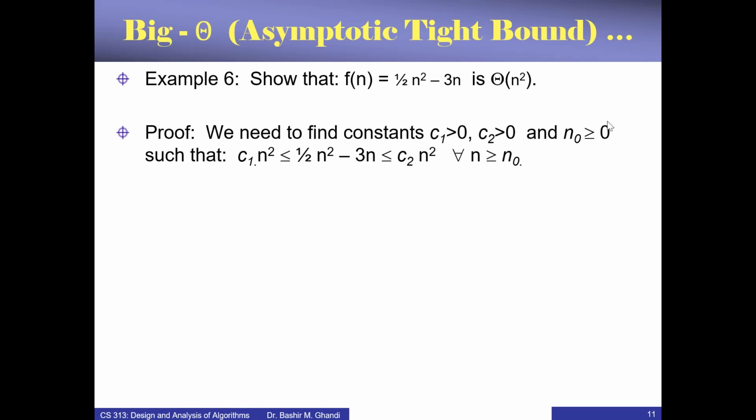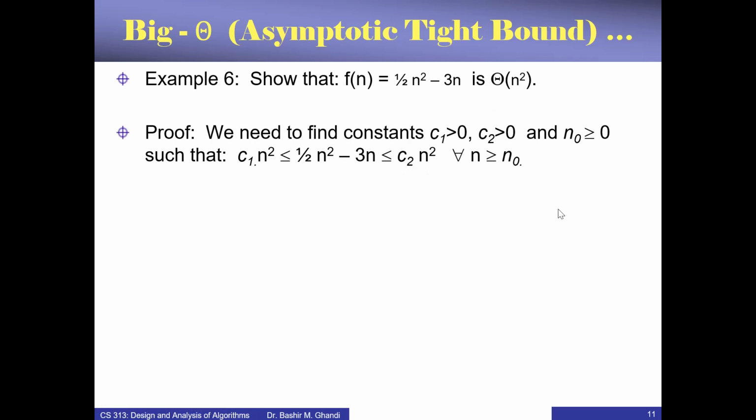As usual, to do that, we need to find the three constants, C1, C2, and n naught, where C1 and C2 are strictly positive, but n naught can be 0 or greater than 0, such that our function half n squared minus 3n is going to lie between C1 n squared and C2 n squared.